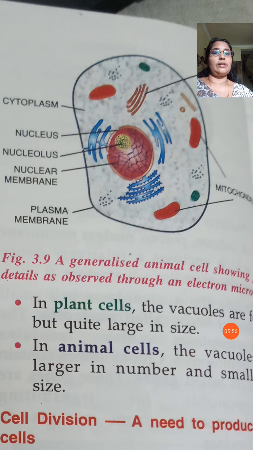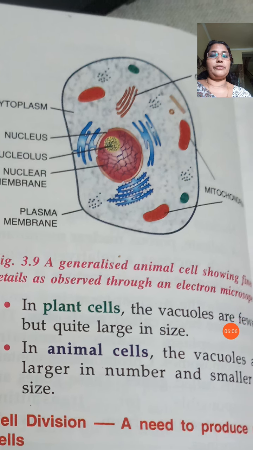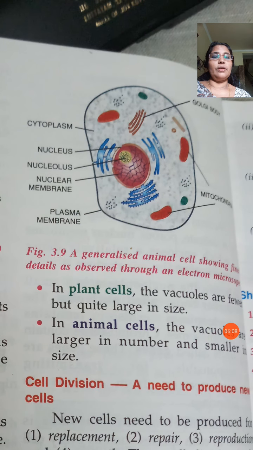The heart is an organ that pumps blood to every part. Lungs help us in breathing. Like that inside the cell small parts are there: mitochondria, Golgi body, endoplasmic reticulum, plastids, etc.